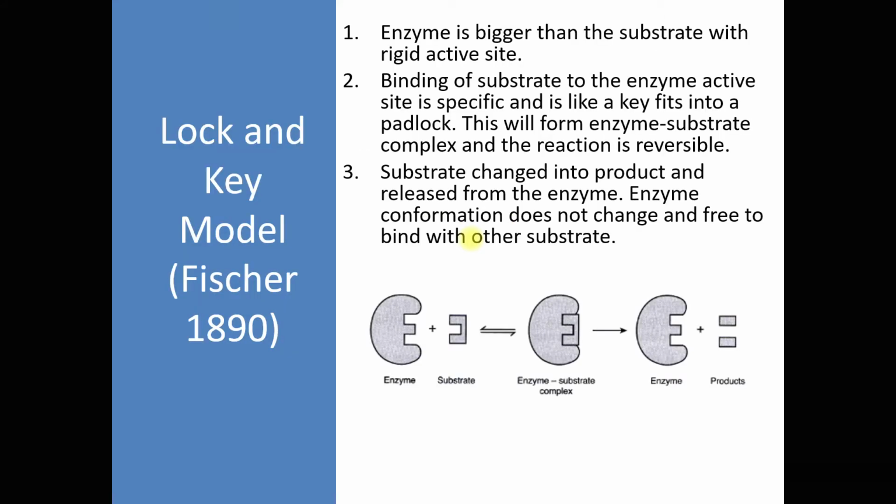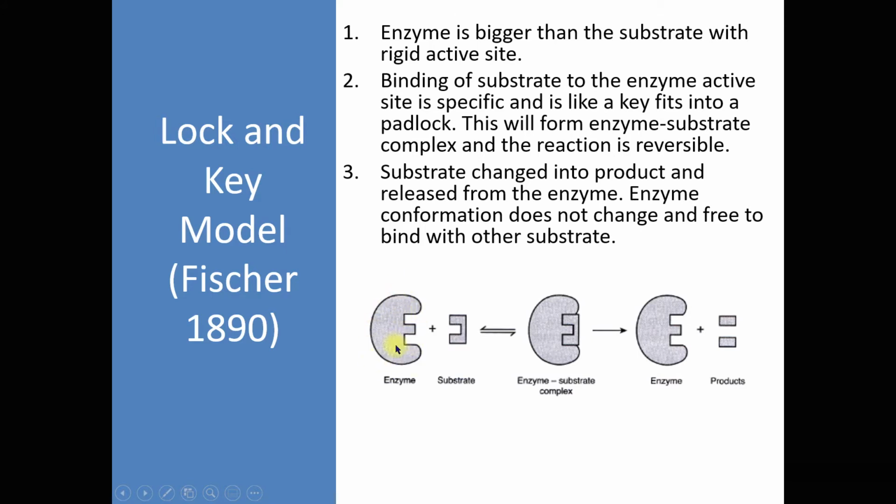Right now, the lock and key model, which was proposed by Fisher back in 1890. Fisher proposed that the enzyme is bigger than the substrate in terms of size, and this enzyme has a rigid active site, as you can see from this diagram here.